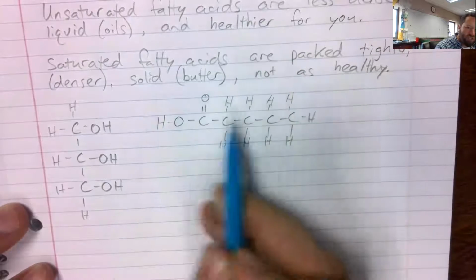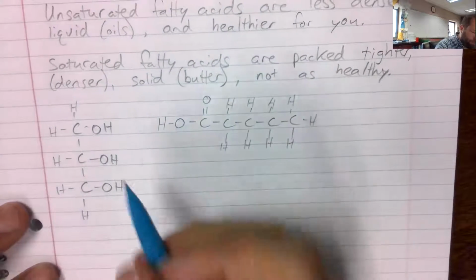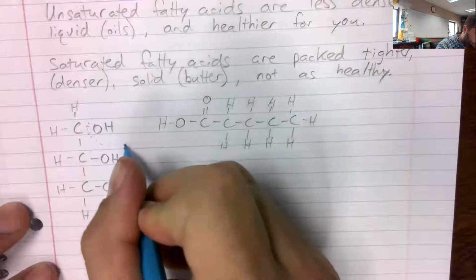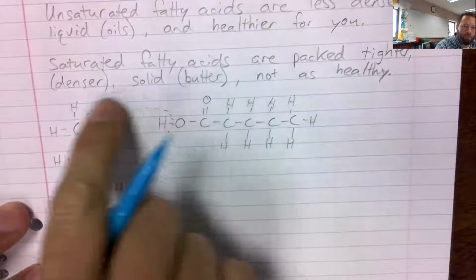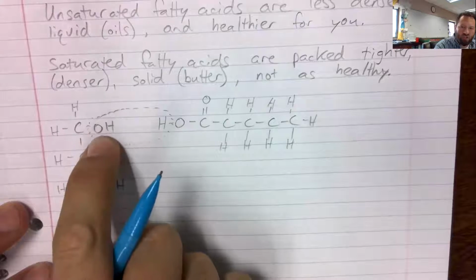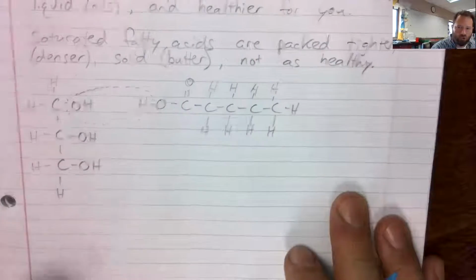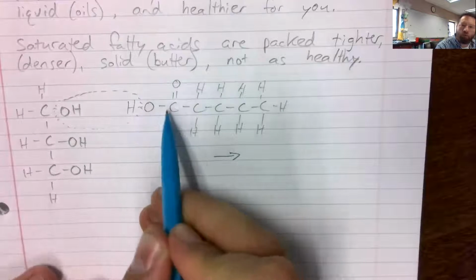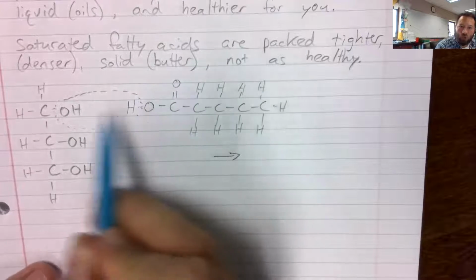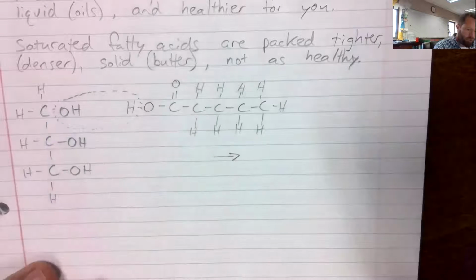Here's our fatty acid tail. And what happens is this OH and this H join together. They're actually going to end up leaving. We'll draw that in just a second. And then this O from the carboxylic acid takes that O spot, and ends up connecting to the carbon of the glycerol.